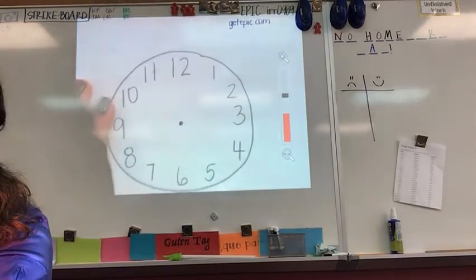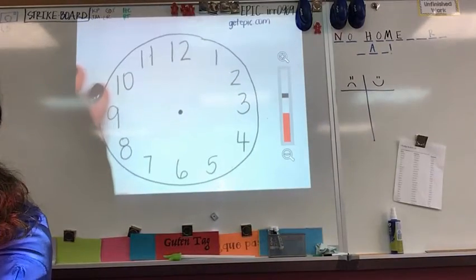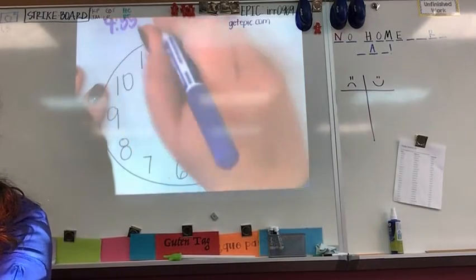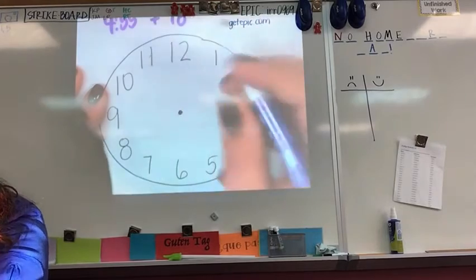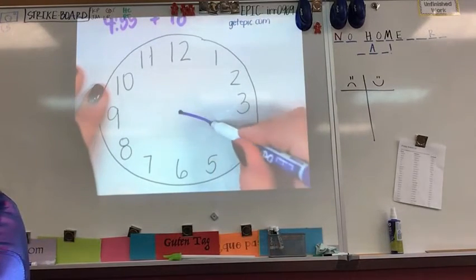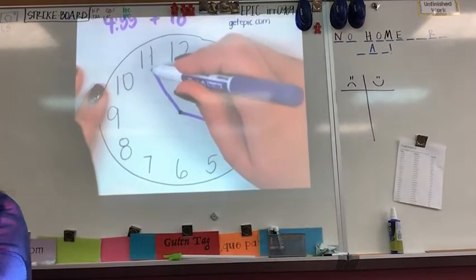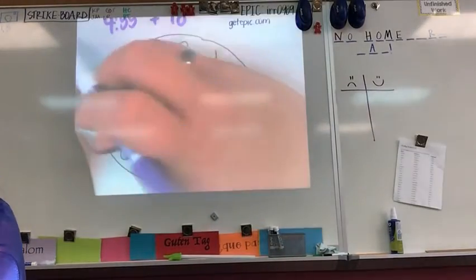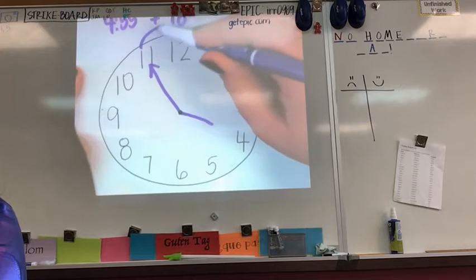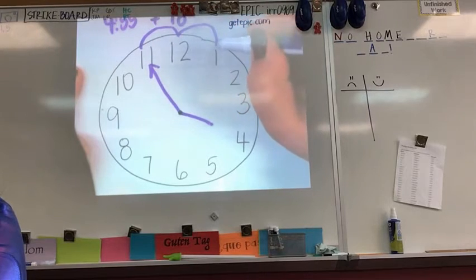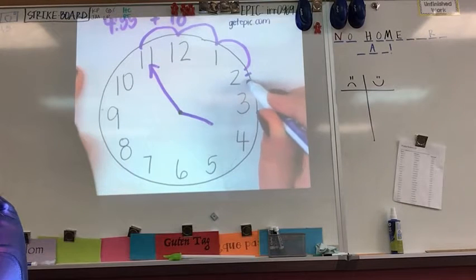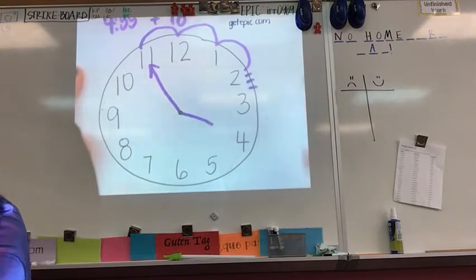I'm just going to rewrite it here for you so you can see this a little larger. So we're going to go from 4:55 plus 18 minutes. And so I would draw 4:55 and I would count 18 minutes. So I'm going to go ahead and jump by 5s. 5, 10, 15, and then 16, 17, 18.